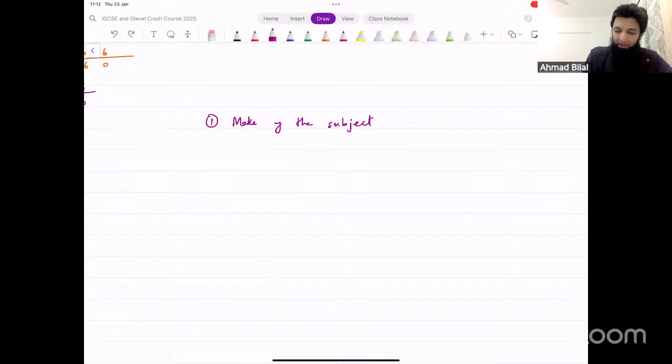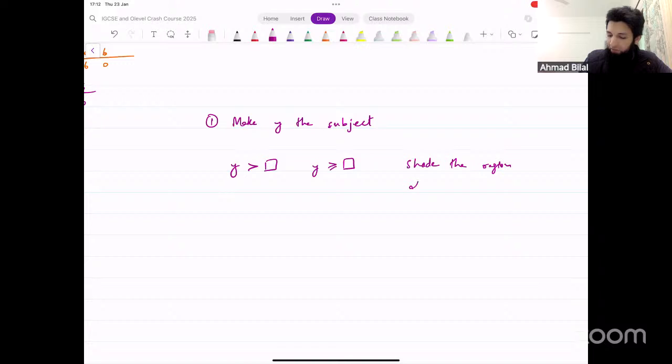And then if you have y greater than something, or y greater than or equal to something, what you do is you shade the part above the line. Shade the region above that line. So when you have greater than or greater than or equal to signs, you shade the part that is above the line.